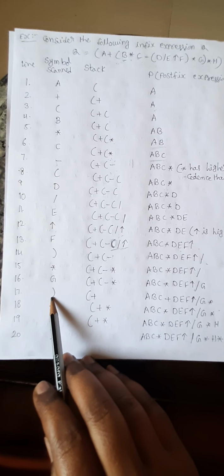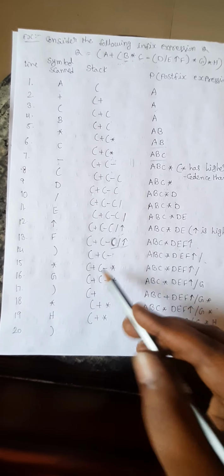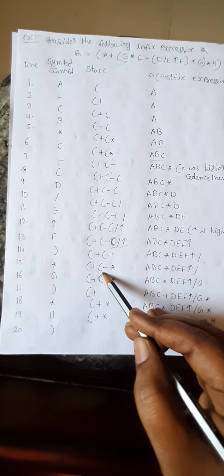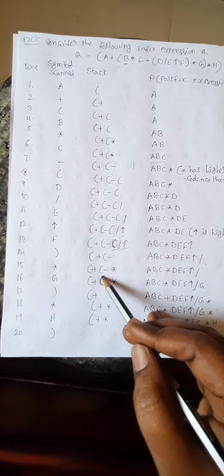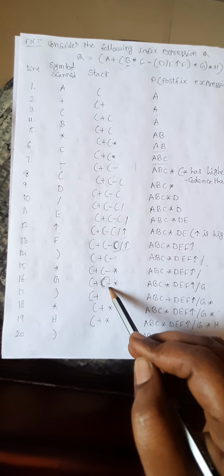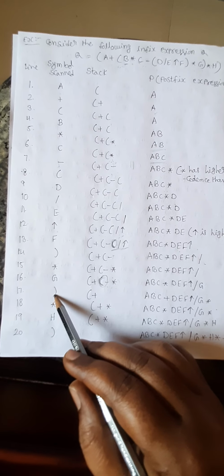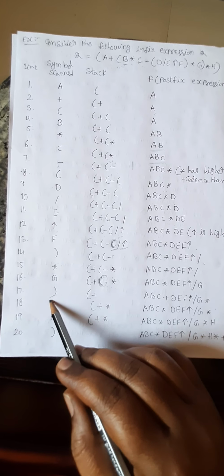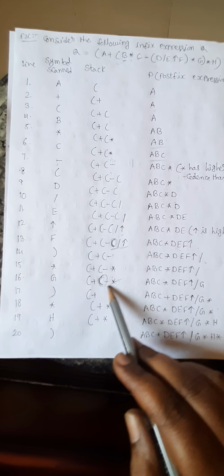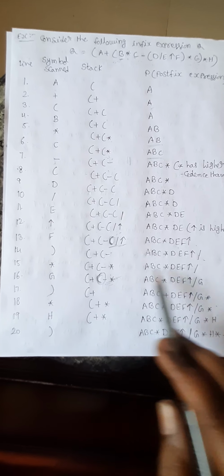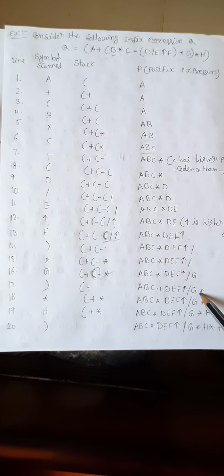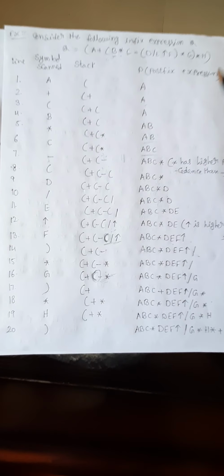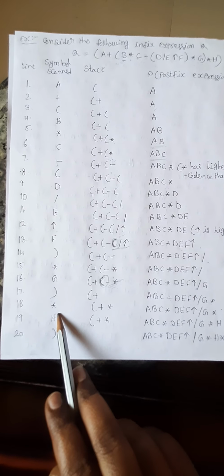Again we have to close the bracket, so this left parenthesis will be popped. Why? Because the right parenthesis has been encountered, and it scans this multiplication symbol, and that will be sent to the postfix expression.